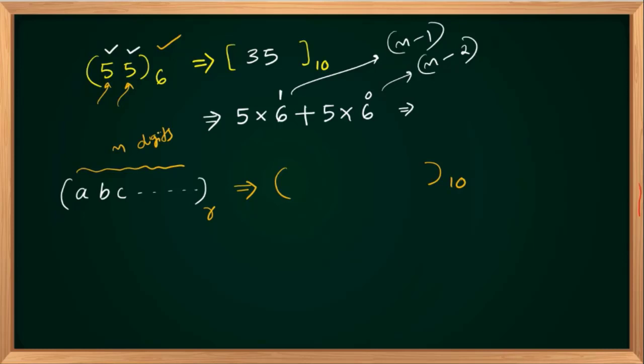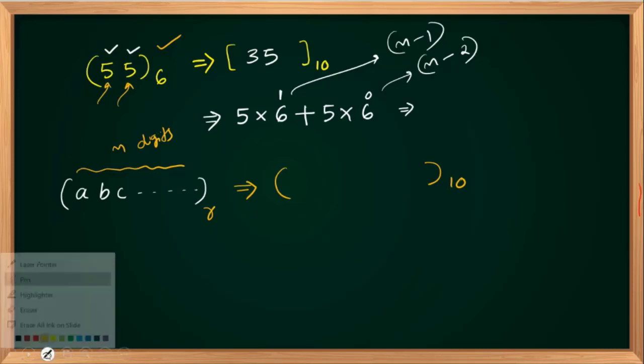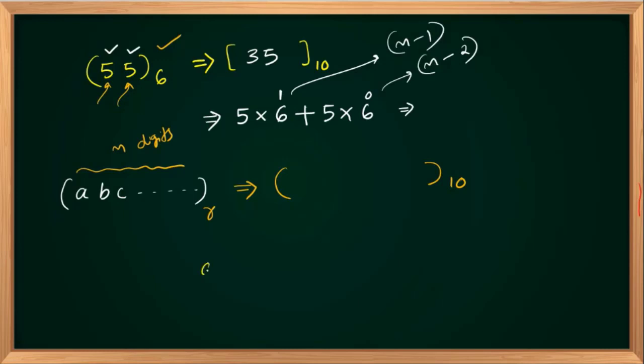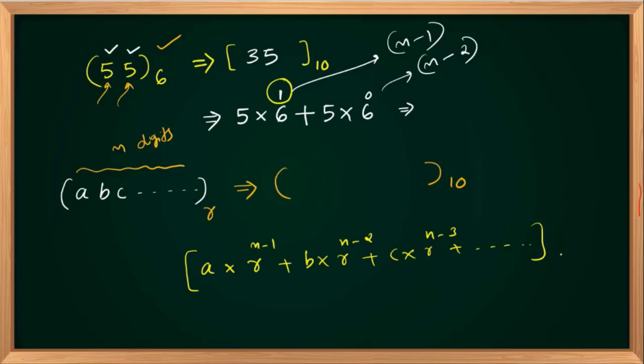So to convert into decimal equivalent, you pick the first symbol, that is A here, multiply with the base power total number of digits minus 1, right? Here it was 2 digits, 2 minus 1 was 1. So r power n minus 1, plus second digit multiplied by r power n minus 2, plus third digit multiplied by r power n minus 3, plus etc., expressed in decimal, right?